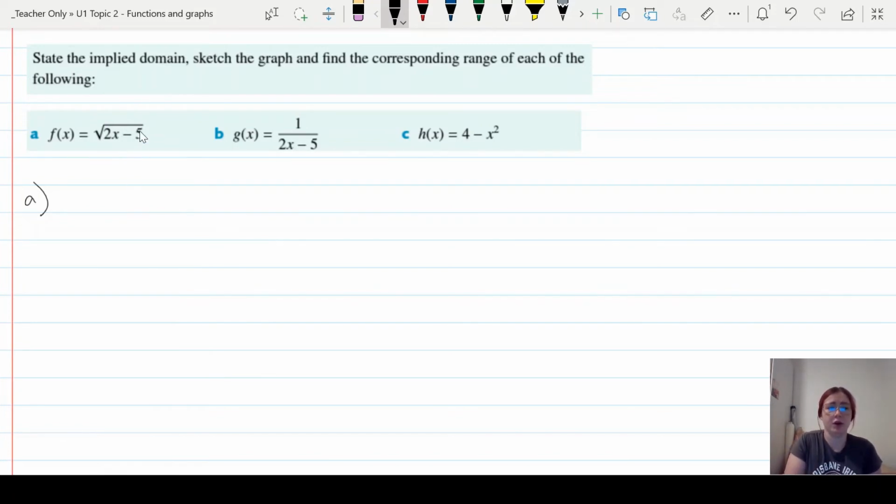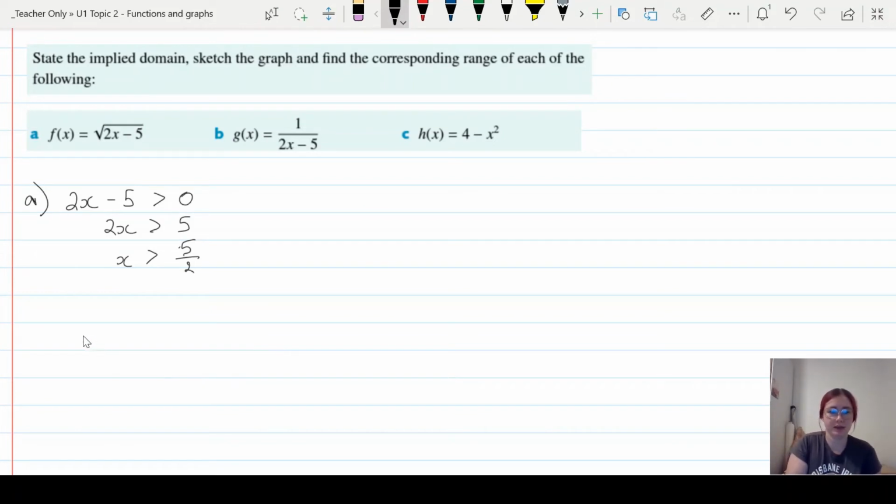So this is only going to be a defined function when 2x minus 5 is a positive number. So 2x minus 5 needs to be bigger than 0. Okay, so if we work out what value of x that's actually going to give us, we get 2x is bigger than 5, and x has to be bigger than 5 on 2.